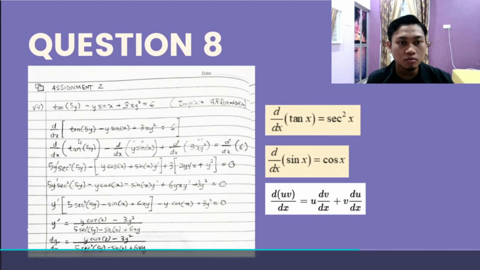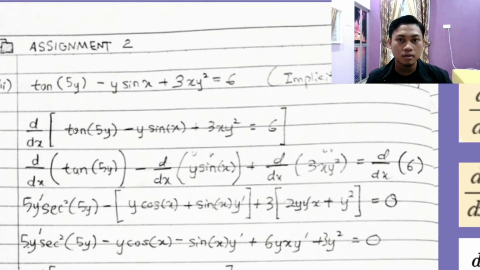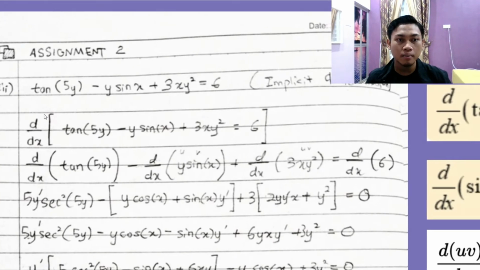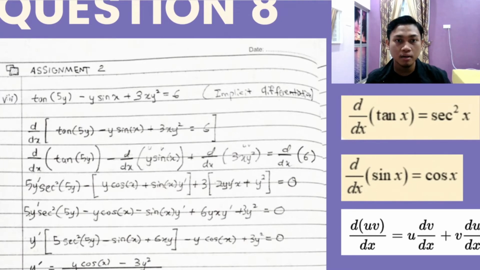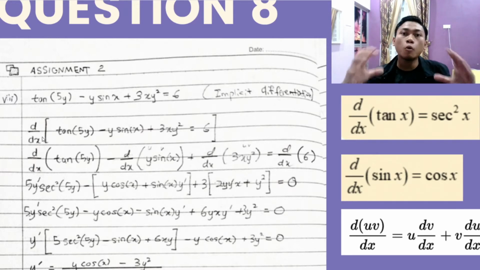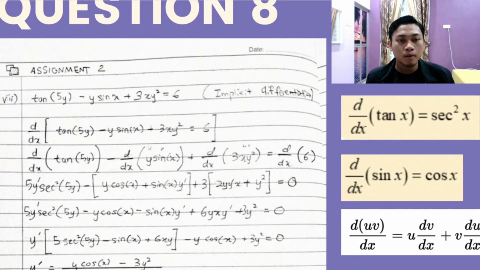Okay, so let's see right here. tan 5y minus y sin x plus 3xy squared equal to 6. Okay, so let's see. We need to use implicit differentiation. So d over dx, we differentiate the whole equation. So to make it more understandable, we differentiate part by part so we can see it more clearly.